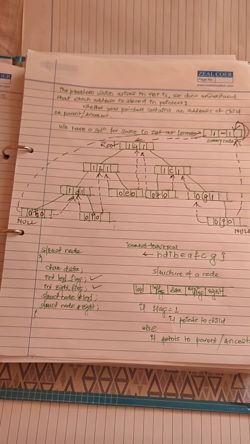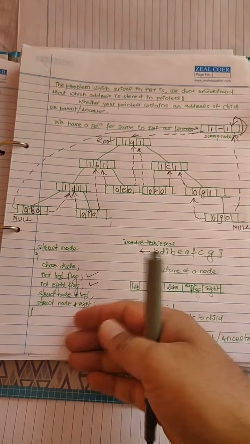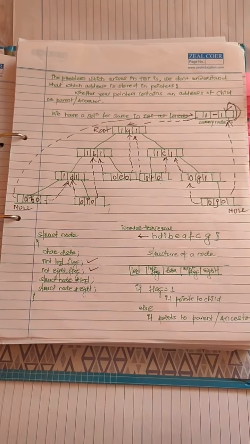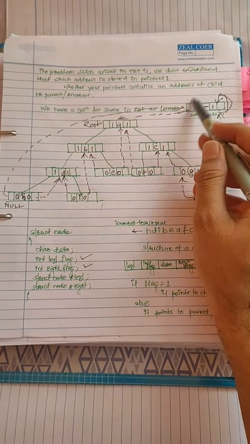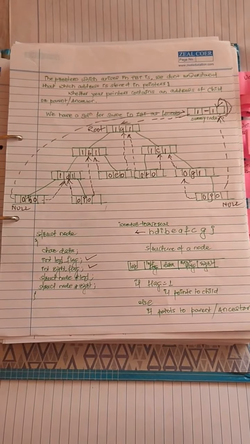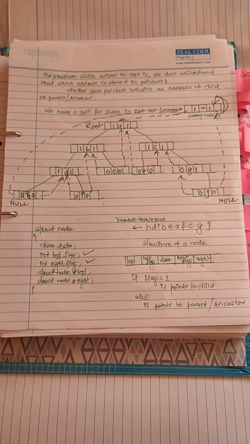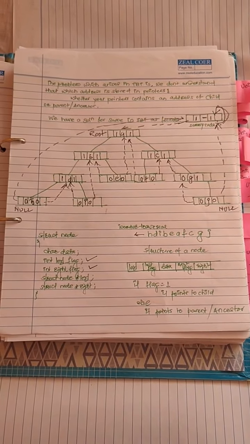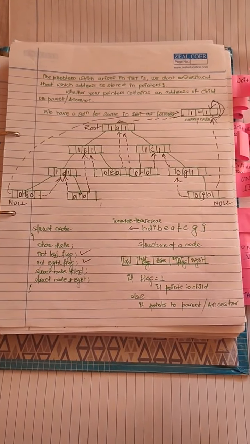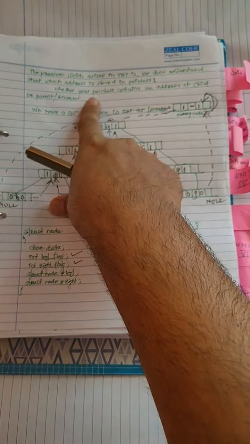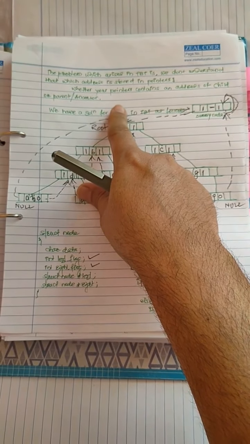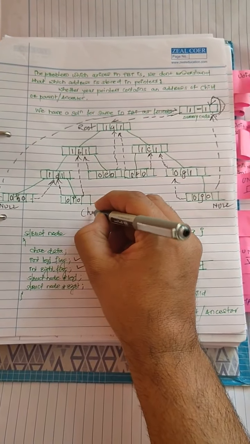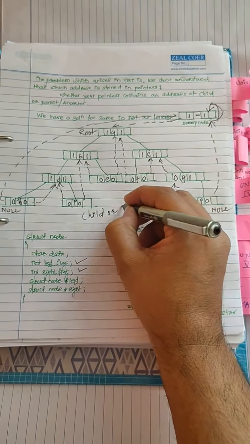Now why have we created that dummy node? This dummy node is created just to keep the consistency of all the pointers, and this is the solution available to find out whether the addresses stored by your pointers are the addresses of children or parents.